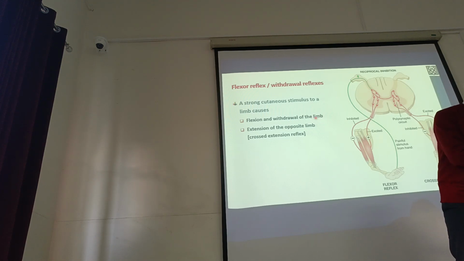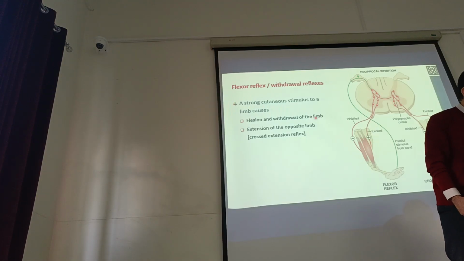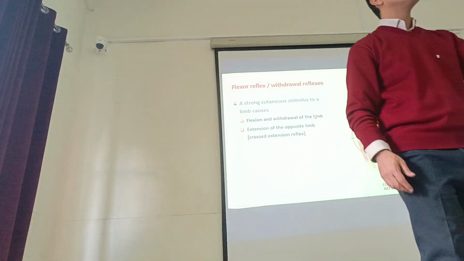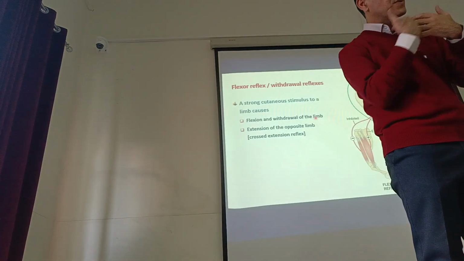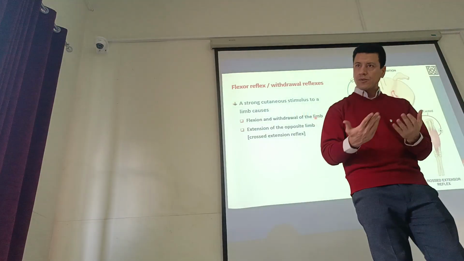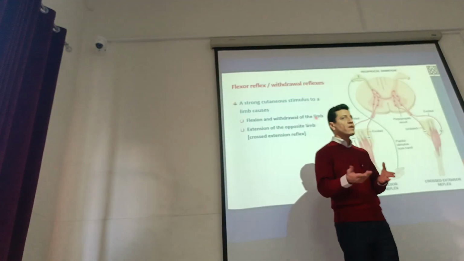So that's why we call this flexor reflex. At the same time that we have flexion, the hand is withdrawn from the hot object. So we actually get our hand back from the object. So this is called withdrawal, right? So at the same time that we have flexion, we have also withdrawal. So that's why we have two names for this reflex. Flexor reflex or withdrawal reflex.